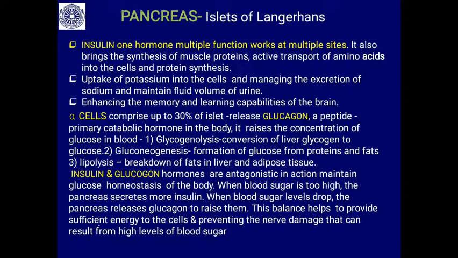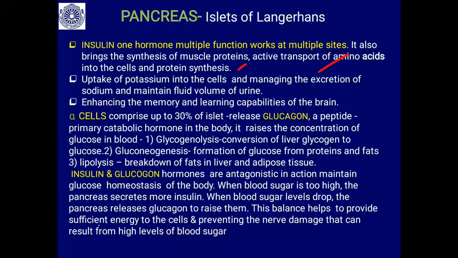So, insulin is one hormone having multiple functions and it works at multiple sites. It also stimulates the synthesis of muscle protein and the active transport of amino acids into the cells, and stimulates protein synthesis in the cells.